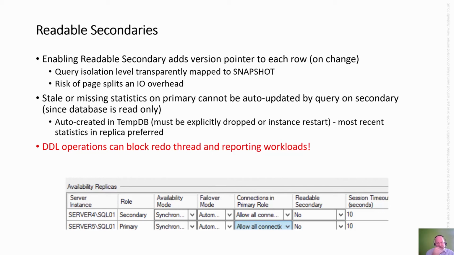Okay, but you can see in the diagram below that setting a readable secondary is as simple as going to the replica in question for that secondary role, just specifying that it is a readable secondary, or that you want read intent. But we'll see that shortly.